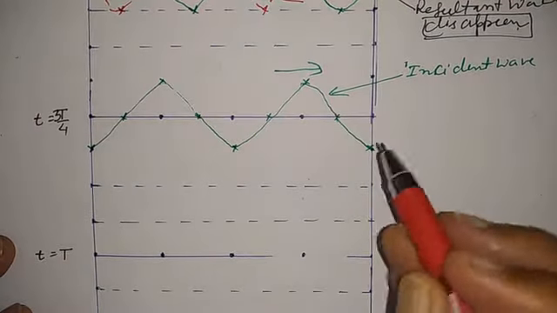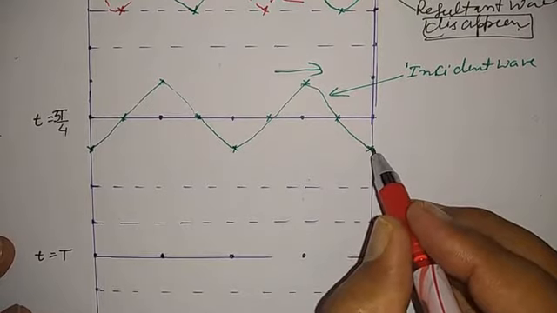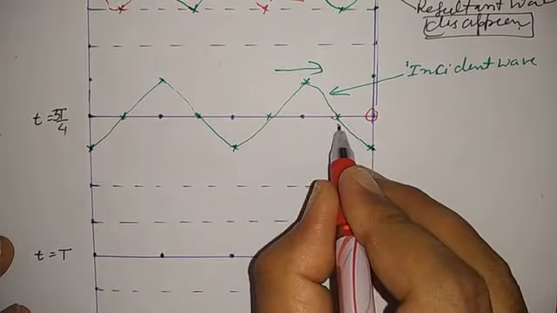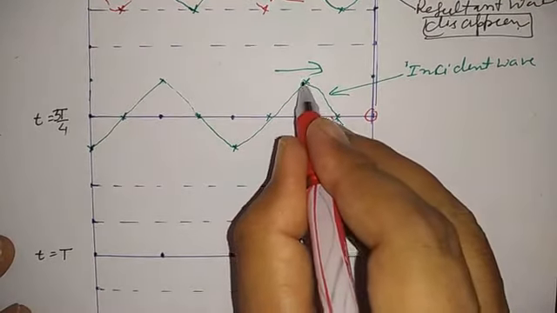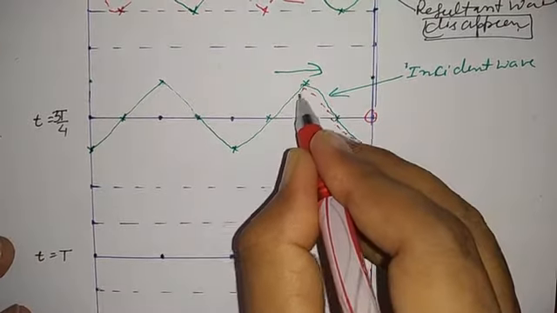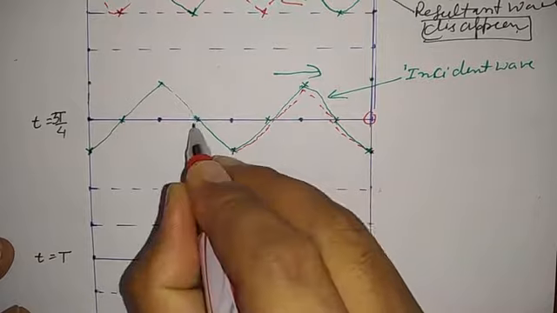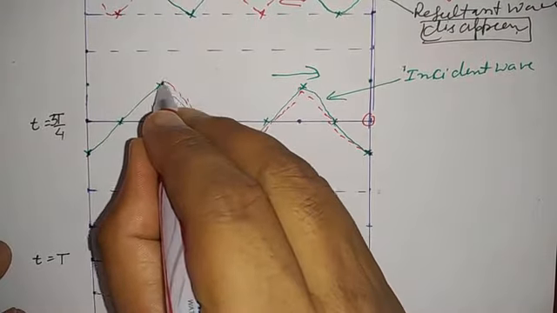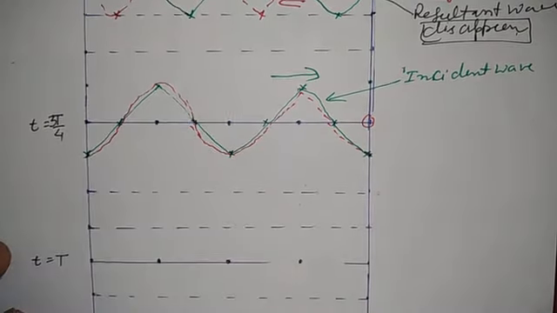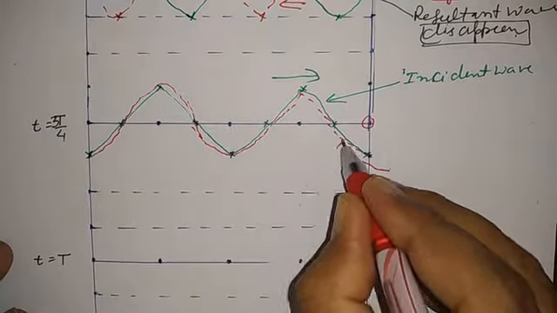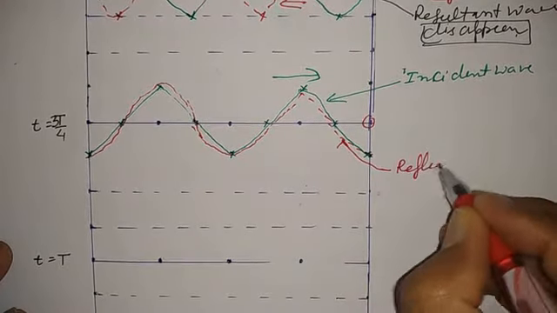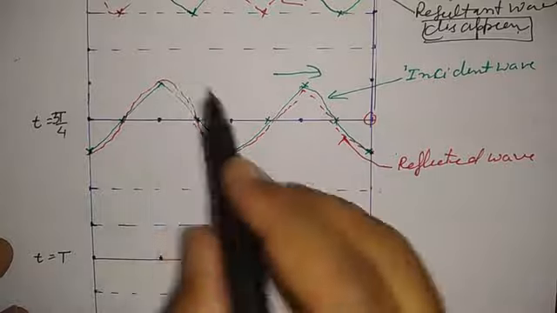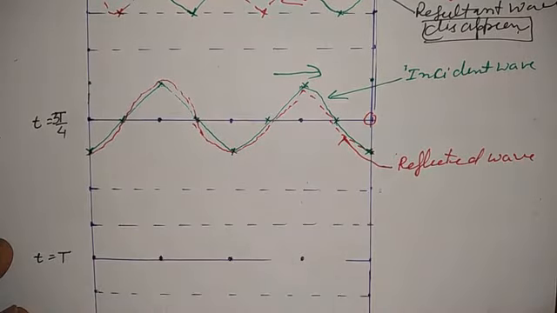Since the reflected wave is the same as the incident wave in the case of open ends, the reflected wave here is shown with red dotted points. This red is the reflected wave here.